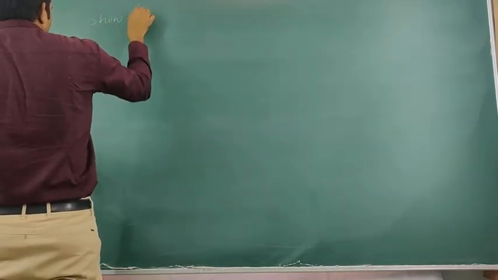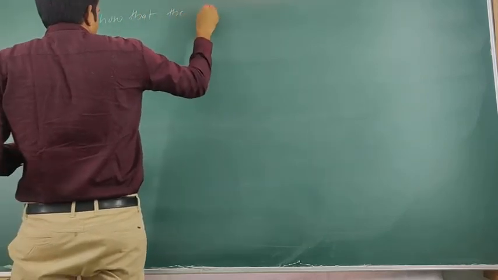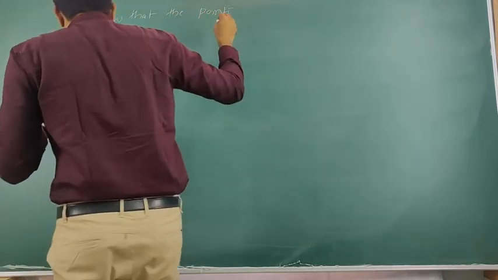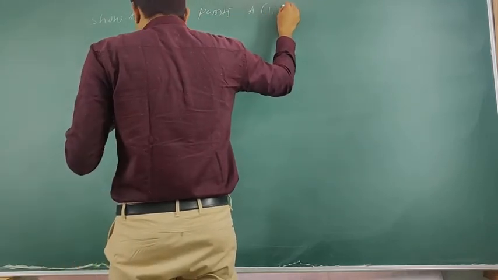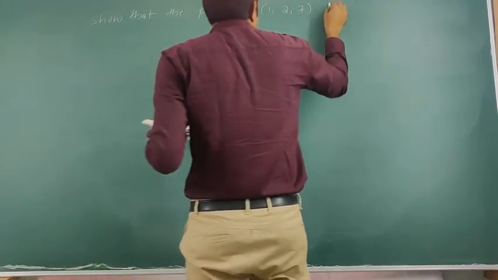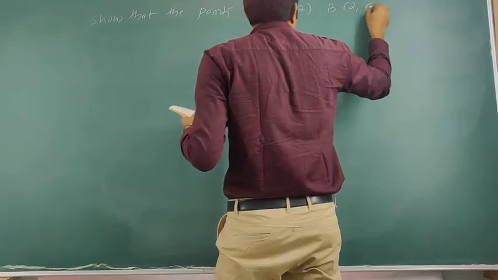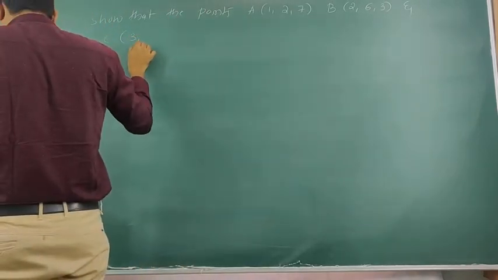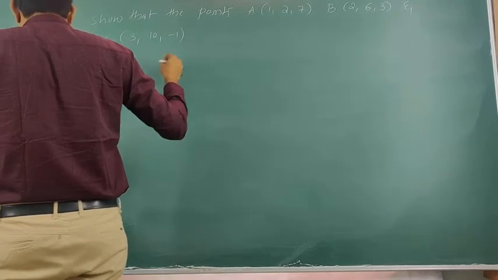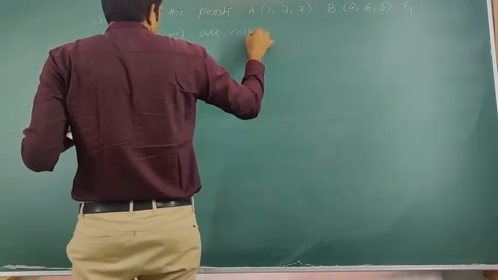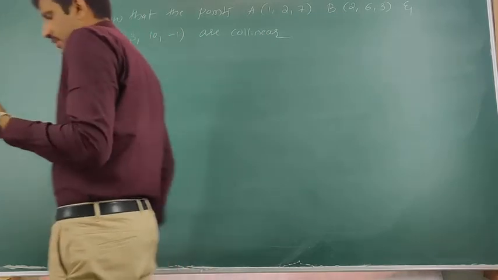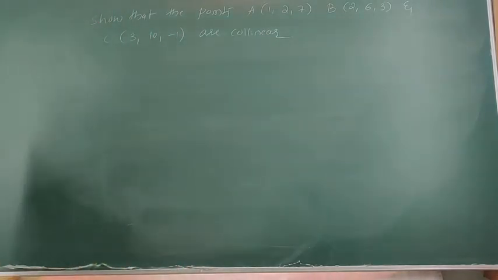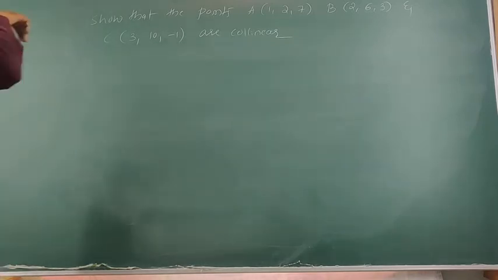Show that the points A of 1, 2, 7, B of 2, 6, 3, and C of 3, 10, -1 are collinear.